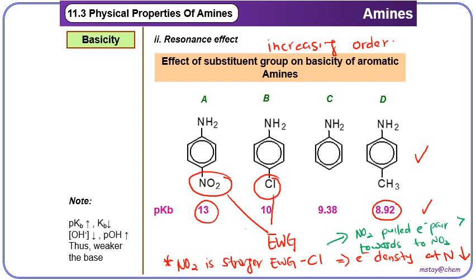When we look at the second pair, between B and C, this one has EWG and aniline does not have EWG, so this makes them have different basicity. The last pair is because C, aniline, does not have EDG while D, CH3, has EDG. And here we know that EDG will increase the basicity.